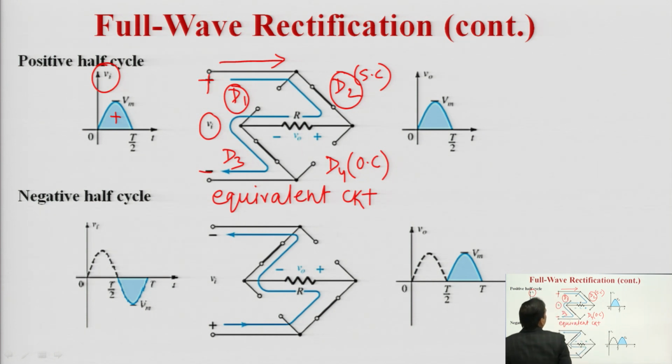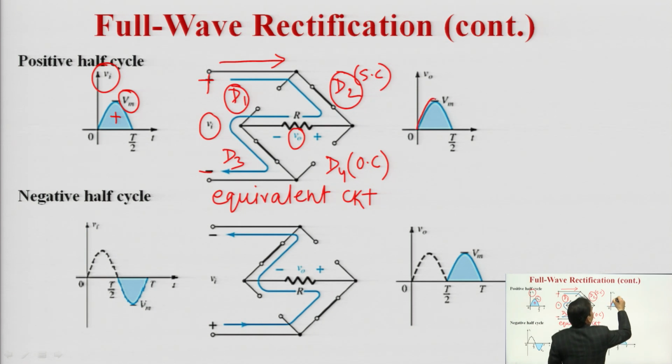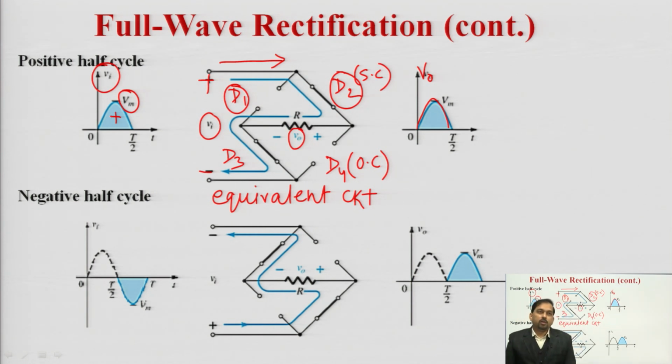If we want to measure the output voltage across the resistance R, then V output is nothing but Vi. If Vi was plus Vm, we will have the same waveform. The output will be the same as the input waveform. This is during the positive half cycle.